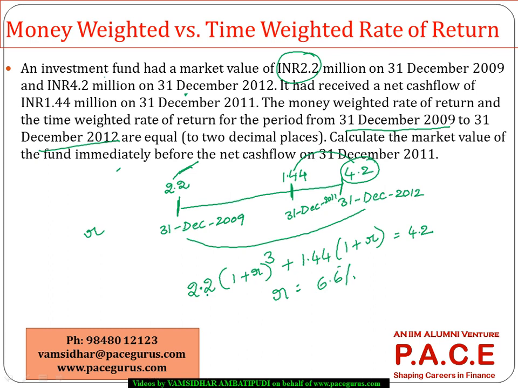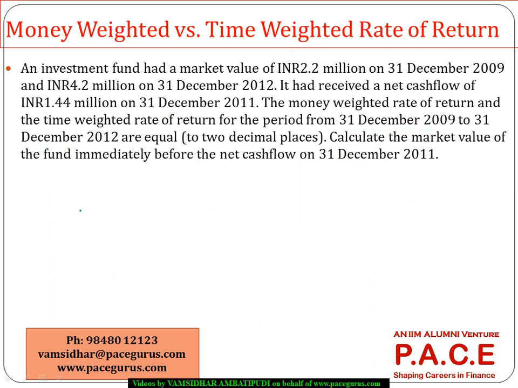But in this question, it's also said that the money weighted rate of return is equal to the time weighted rate of return. Right? So how do I look at the time weighted rate of return? Because the cash flow addition happened on 31st December 2011. So until that time, before the cash flow was added, let's say the fund value was F. So what does that mean?